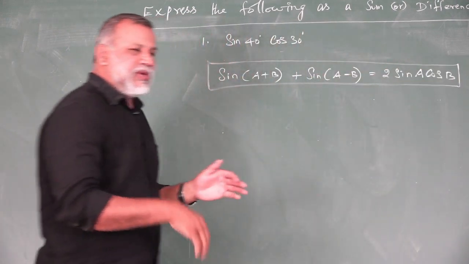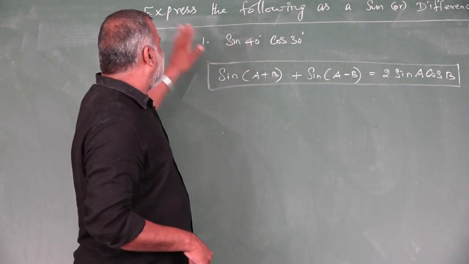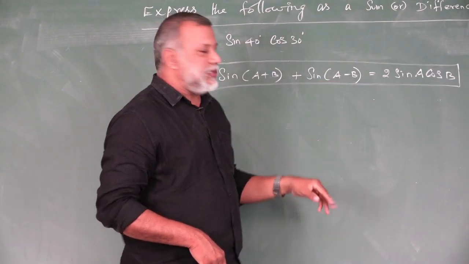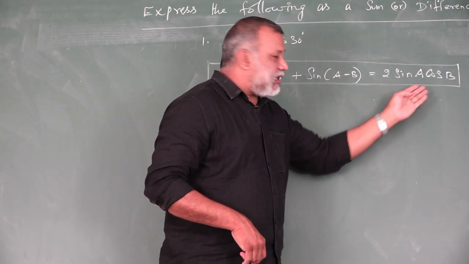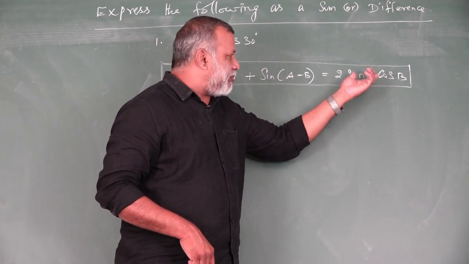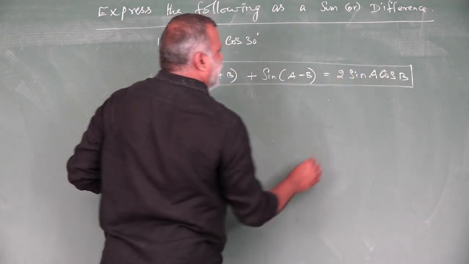These types of formulas we already derived very well. So see here, the question is to express the following as a sum or difference. On the RHS, sin a cos b is the product.